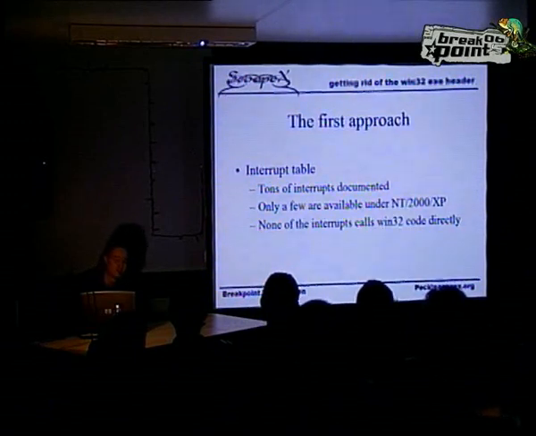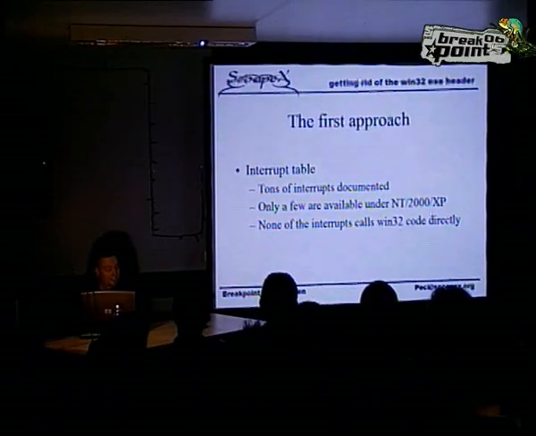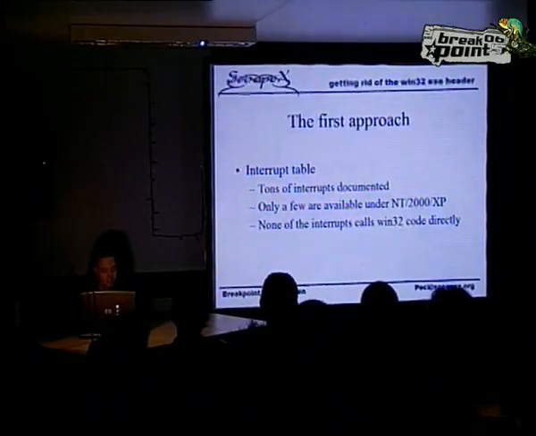So one of my first approaches was to look at the interrupt table. There are tons of DOS interrupts documented, and there are even some with Windows extensions. I spent a couple of days looking into those interrupts, just to find out that the most interesting ones, which could provide a Windows 32-bit callback, do not work under Windows NT, 2000 or XP.